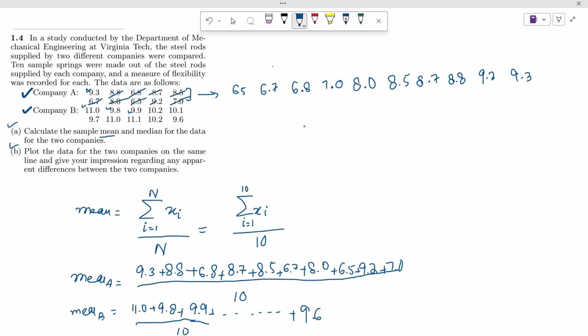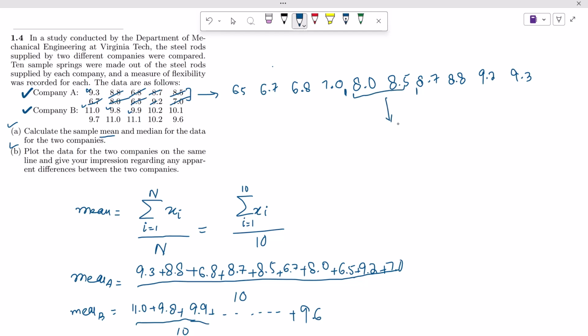So these are 1, 2, 3, 4, 5, 6, 7, 8, 9, 10 data points. Let me take the middle ones. 1, 2, 3, 4, this is the fourth one, and also here 1, 2, 3, 4 is again the fourth one. So these two are basically the middle ones.